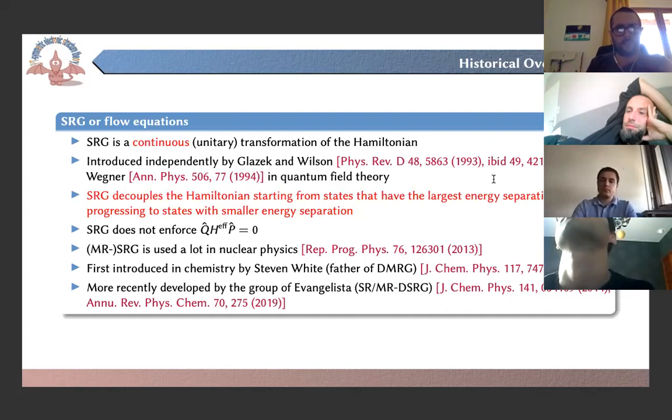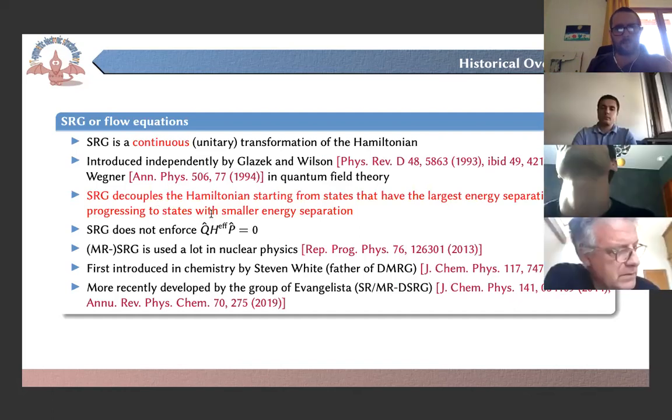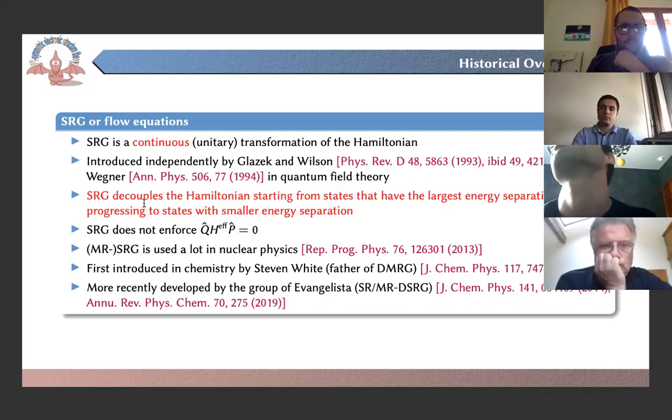So it doesn't enforce the constraint to make sure you don't have intruder state problems. And that's a theory that actually has been designed in quantum field theory, but it's also used a lot in nuclear physics. Okay, as a single reference method, but also as a multi-reference method.